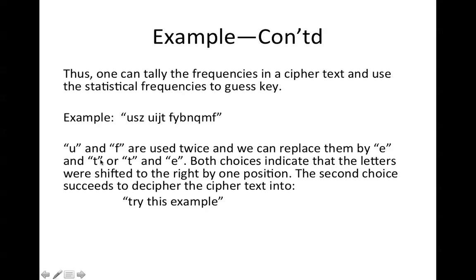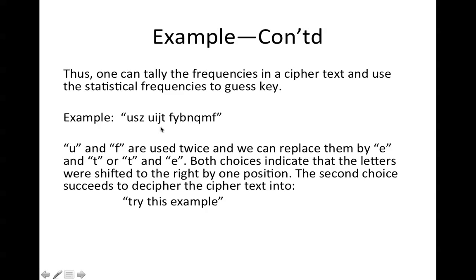You could see that in this situation, letter U was shifted out of T. Basically, we shifted T by one place to the right to get letter U. And the same way we get letter F by shifting E by one place to the right. So you can sort of gather by this time, and we assume also, that the shifts were constant. We'll see in just a second that need not be the case.